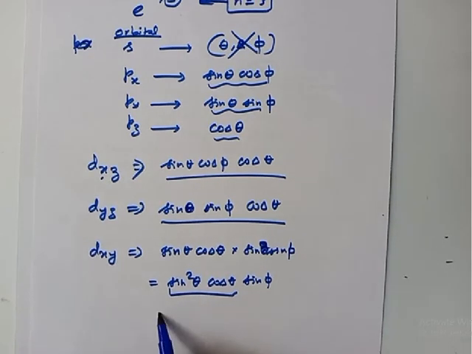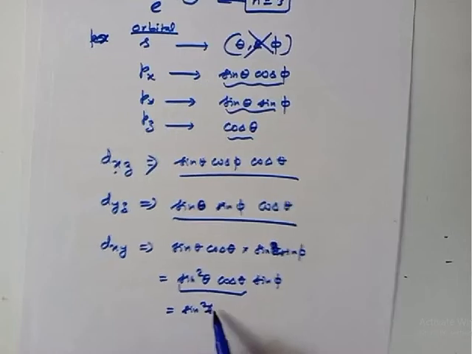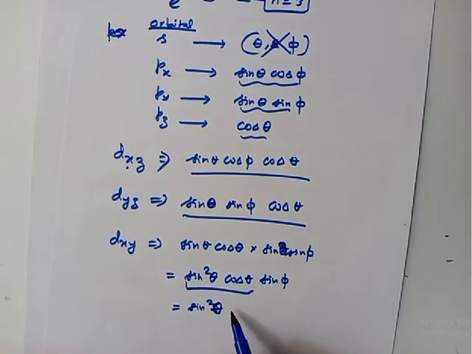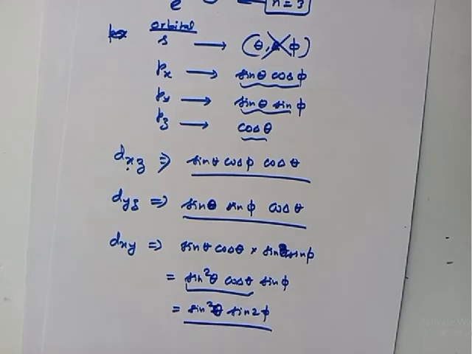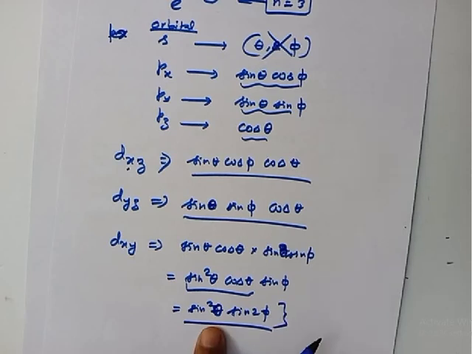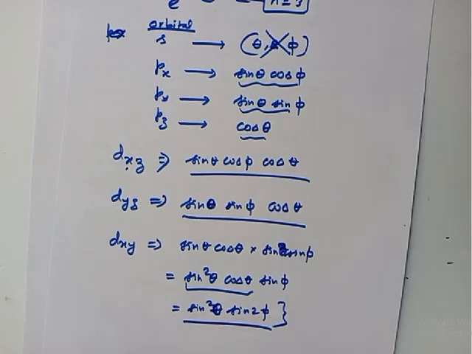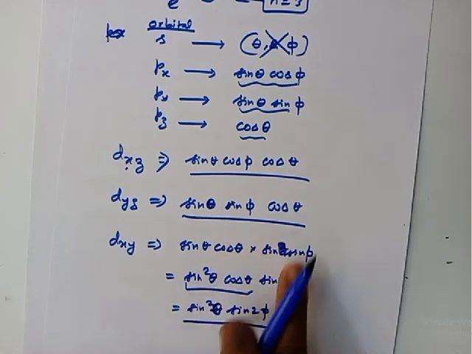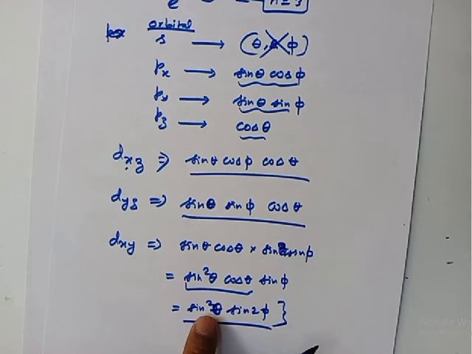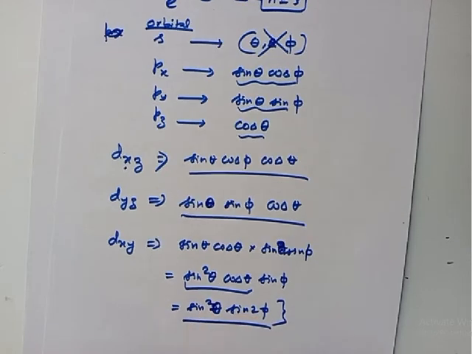So this will give me sin square theta into sin 2 phi. For the dxy orbital, students observe carefully, the wave function contains sin square theta and sin 2 phi. There won't be any cos function. They may give it like this, but this is the proper function, sin square theta sin 2 phi.